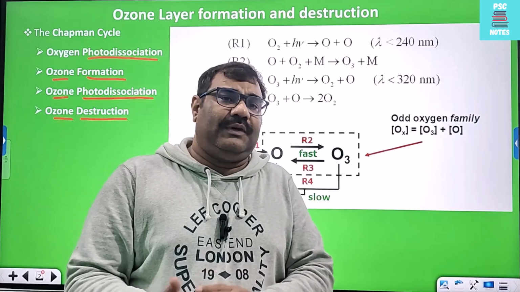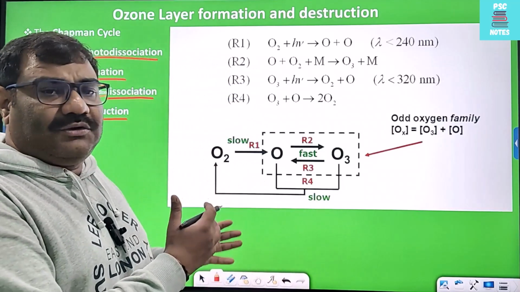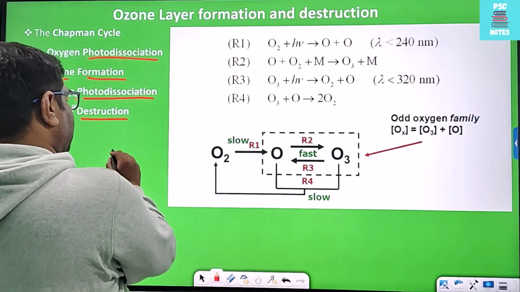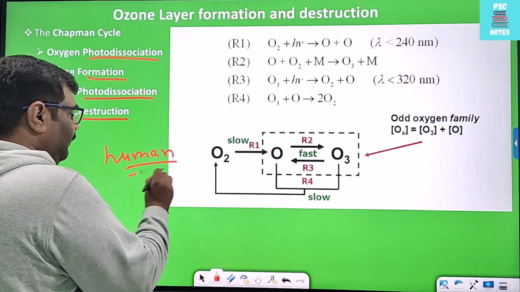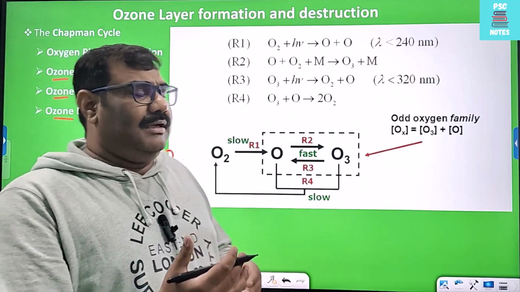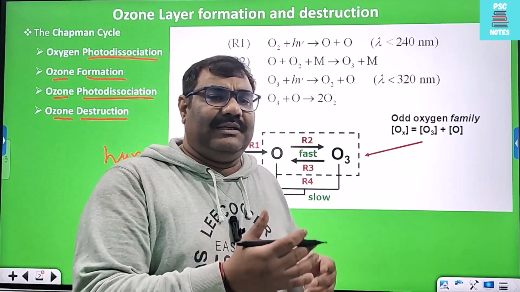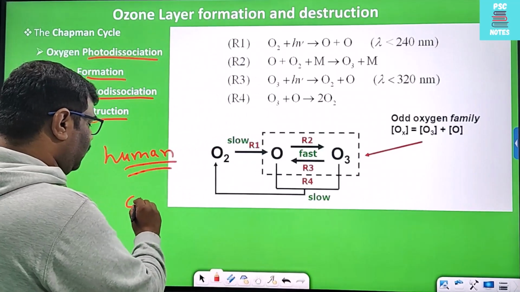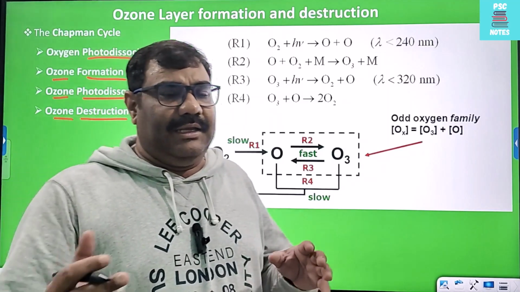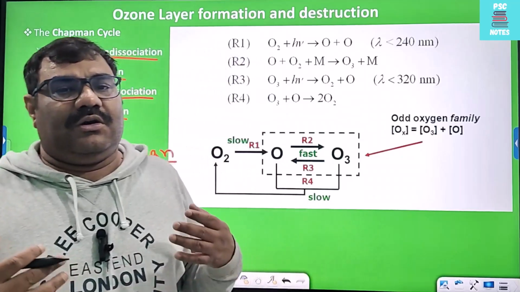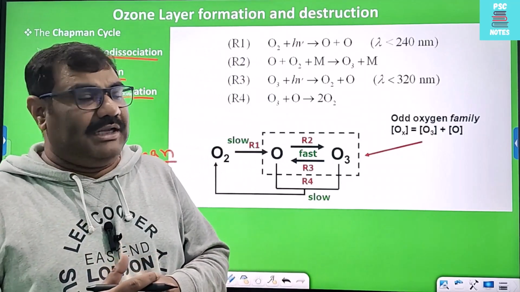But because of anthropogenic causes, anthropogenic is human induced, as we will further study, the halons and chlorofluorocarbons have increased the speed of destruction of the ozone layer.